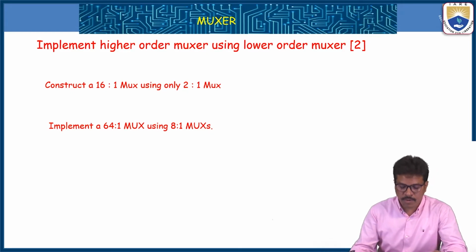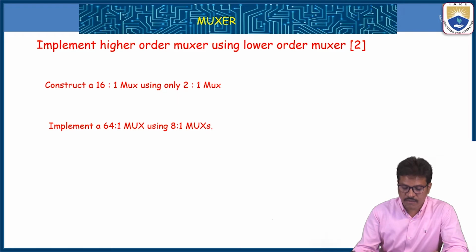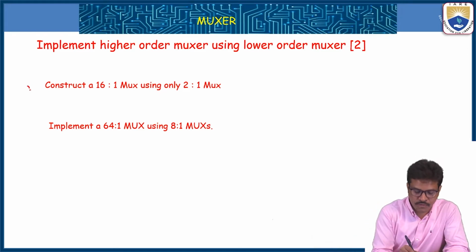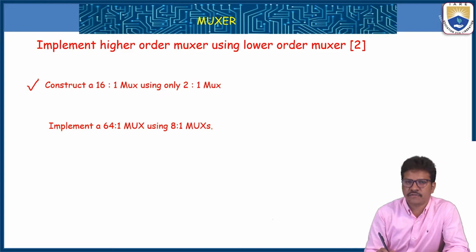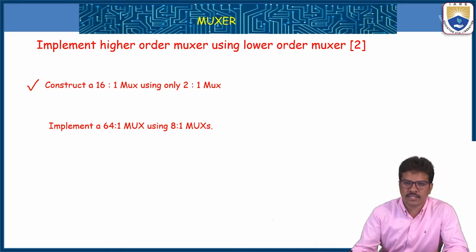Let's take some problems, like constructing a 16 by 1 multiplexer using 2 by 1 multiplexers, or a 64 by 1 multiplexer using 2 by 1 multiplexers. Let us see the first one: construction of a 16 by 1 multiplexer using 2 by 1 multiplexers. This kind of problem can be solved simply with an expression. We find how many 2 by 1 multiplexers are required to implement a 16 by 1 multiplexer.